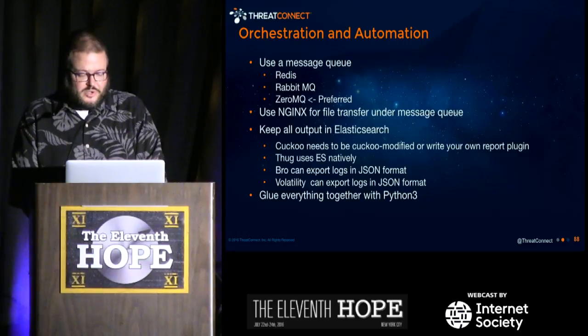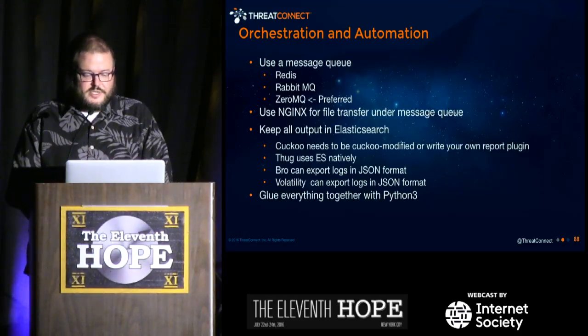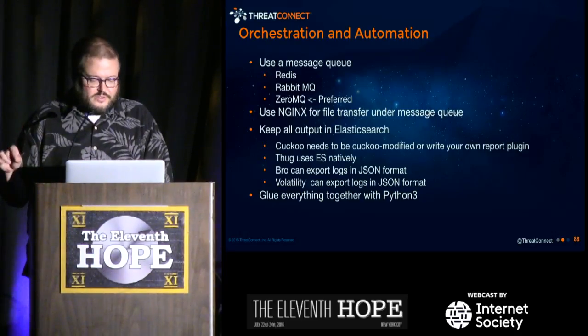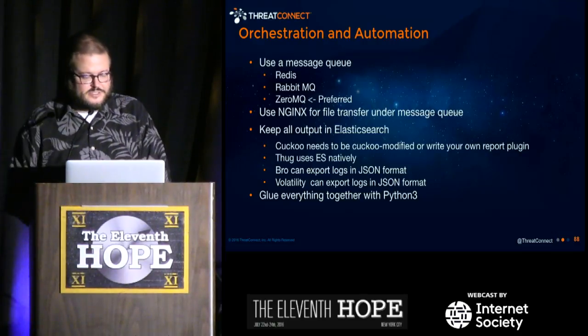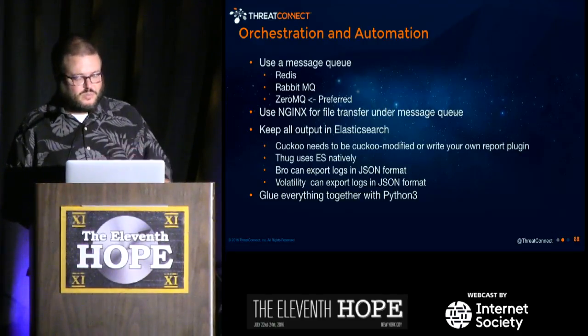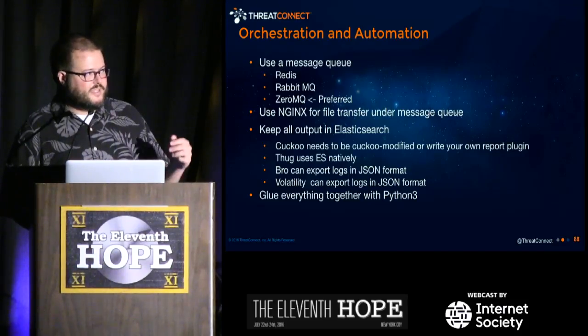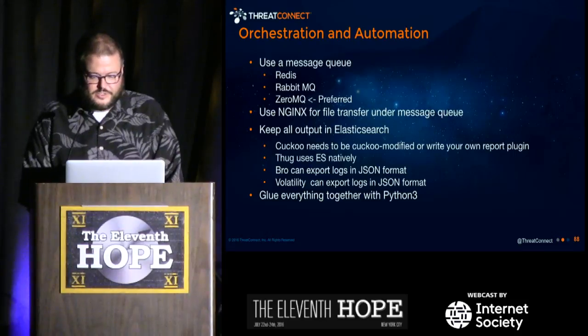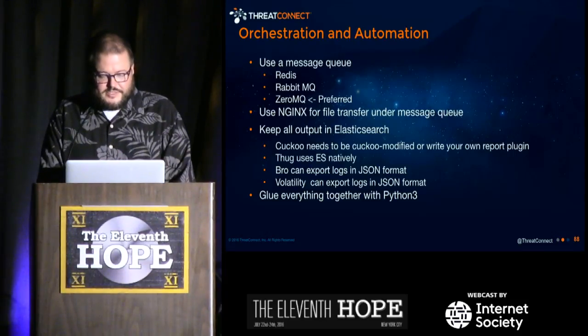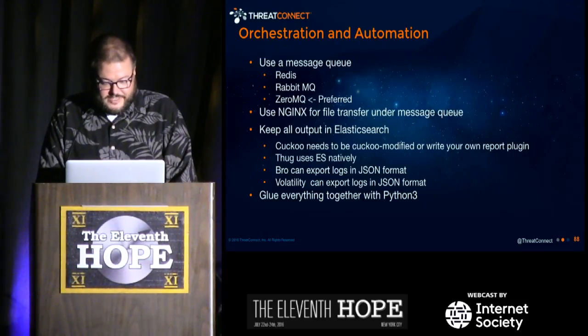I prefer to keep all of my output in Elasticsearch. Cuckoo right now needs to be Cuckoo Modified to have an output plugin for Elasticsearch. I'm personally working on developing an Elasticsearch plugin for the main Cuckoo. Thug uses Elasticsearch natively.